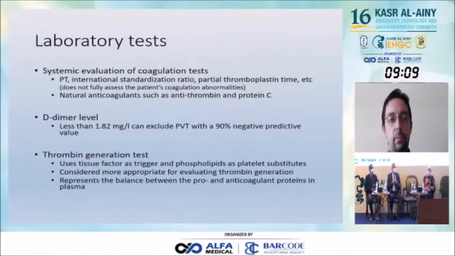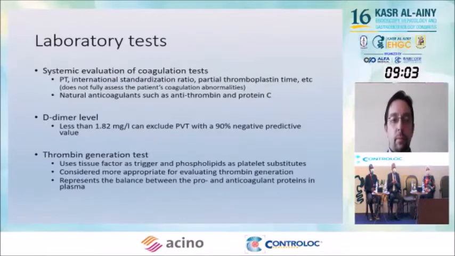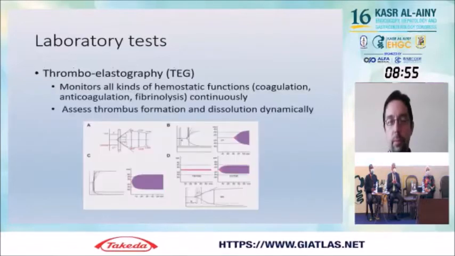A thrombin generation test uses tissue factor as trigger and phospholipids as platelet substitutes. It's considered more appropriate for evaluating thrombin generation and represents the balance between the pro and anticoagulant proteins in the plasma.